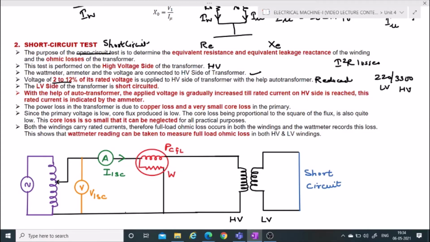Actually, we only require that value of voltage which is required to establish the rated current in the transformer.